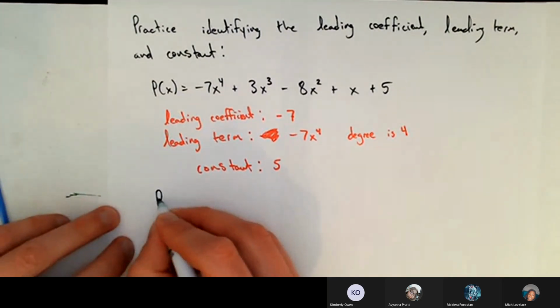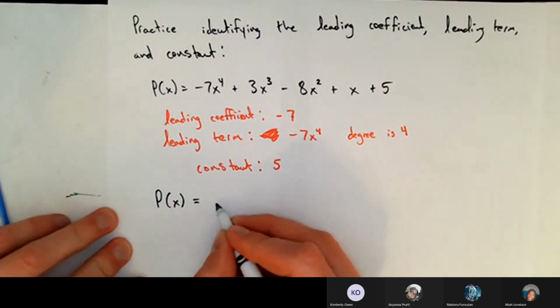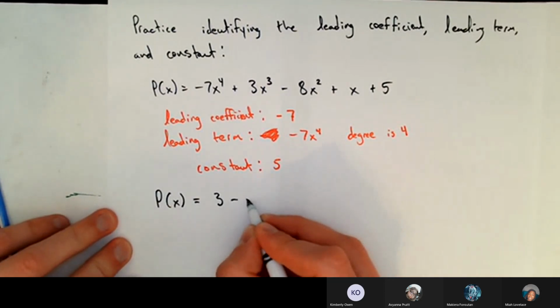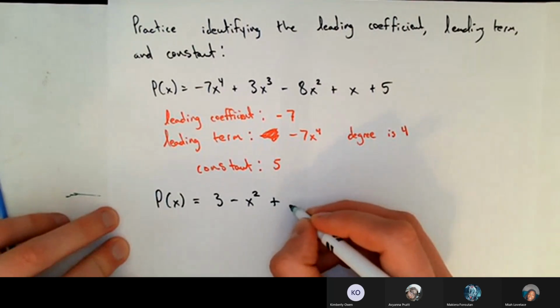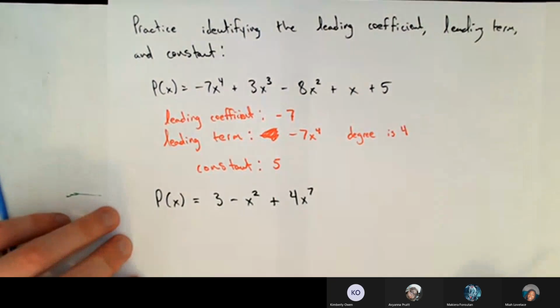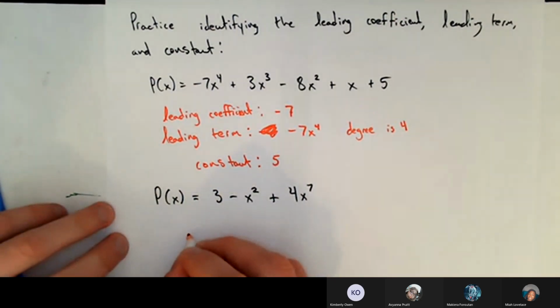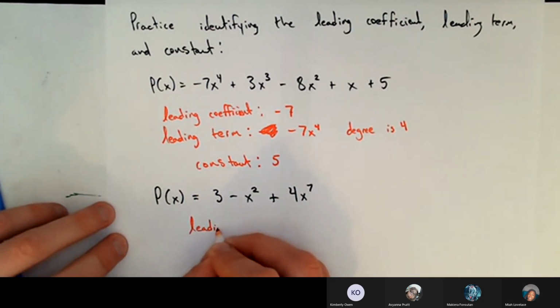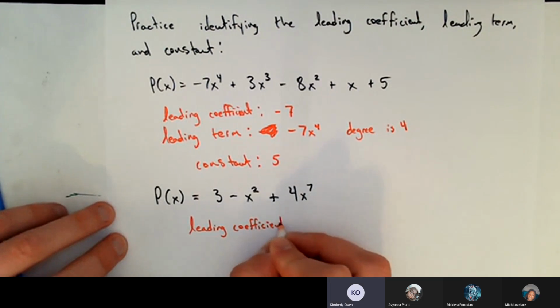Let's do another one where I mix it up a little bit just for fun. Let's say 3 minus x squared plus 4x to the 7th. So, Kimberly, what would the leading coefficient be? 4. Yeah, good.